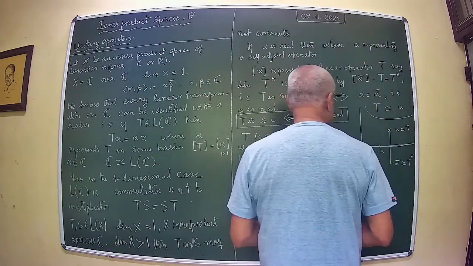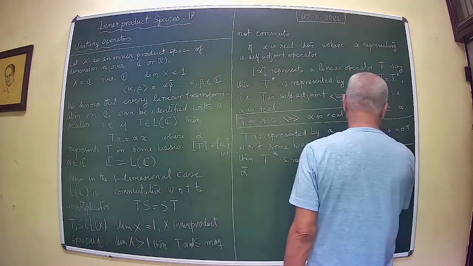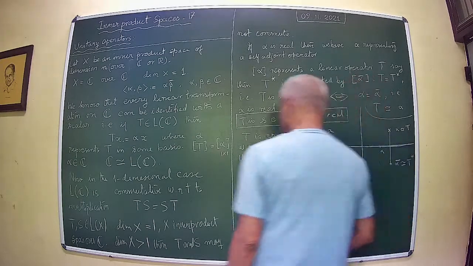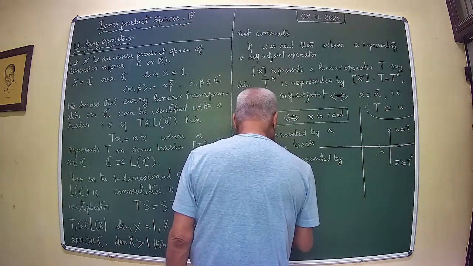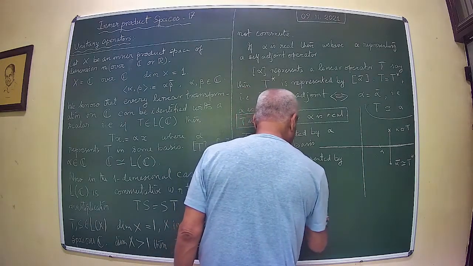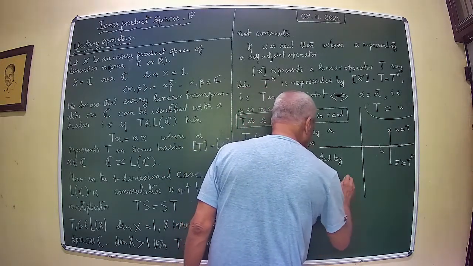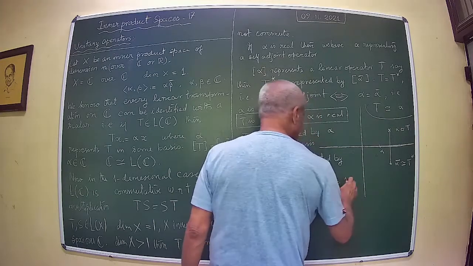Now you look at the special class of operators. If alpha belongs to C is such that alpha alpha conjugate equals 1. Okay.